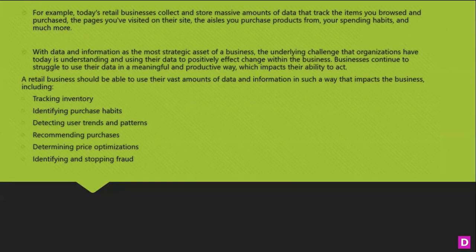The retail business has to decide what kind of products to advertise to a particular customer, based on what they are looking for. So they have to track on their websites what pages the customer is visiting and what pages the customer is interested in. Based on their history and the areas in which the customer is interested, they have to take decisions, pass the products to the customers and give the advertisements accordingly. All of that has to be tracked and stored somewhere.